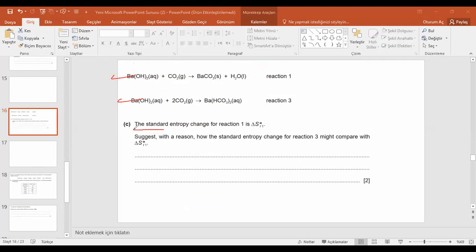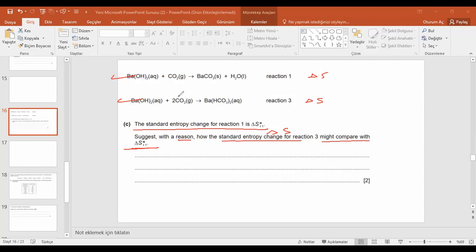The standard entropy change, delta S for reaction 1, is this. Suggest with a reason how delta S for reaction 3 might compare with delta S for reaction 1. So we want to compare the delta S of this reaction with the delta S of this one.